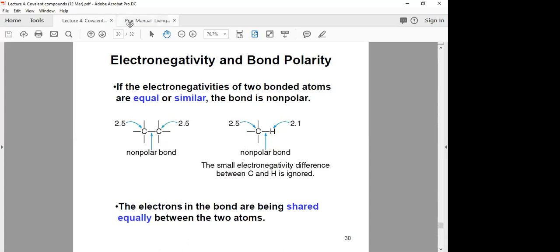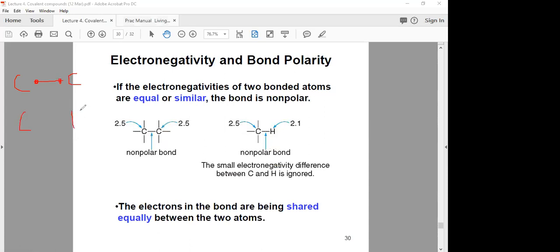What this actually tells us is that the electrons in those covalent bonds shown there are being more or less shared equally between the 2 atoms. In other words, carbon, carbon, we have an equal sharing.